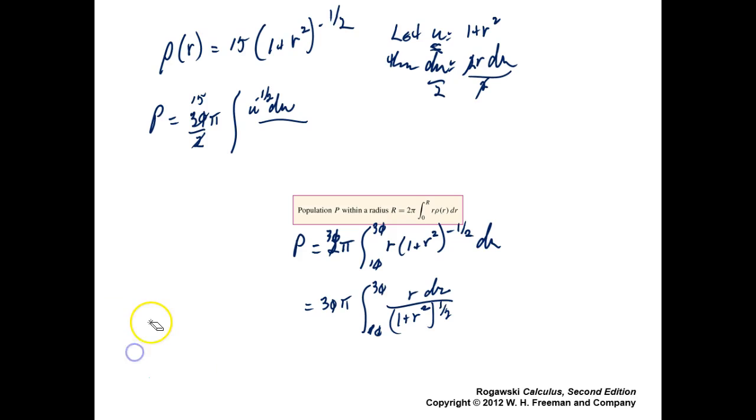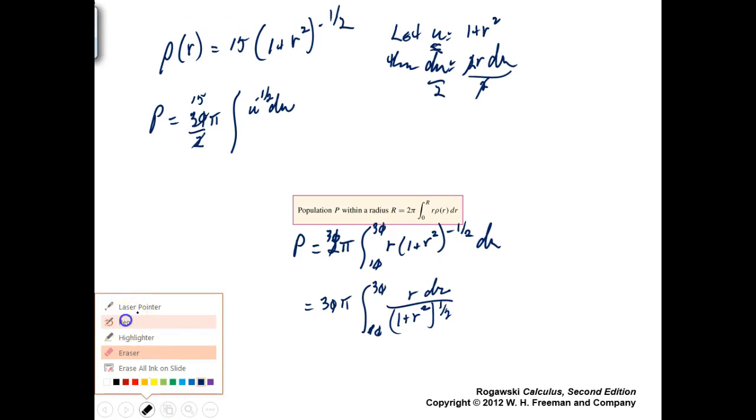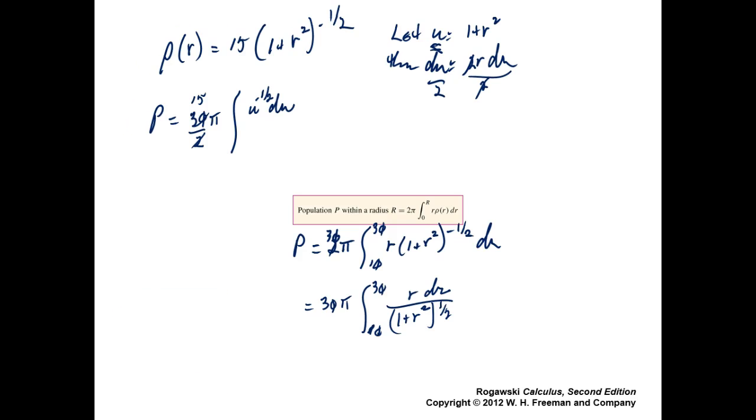Now, one thing we haven't done that we need to do is change our limits. Or you can carry it all the way through and then plug back in. It's usually easier to change limits. These are our limits for R. What would be our limits for U?